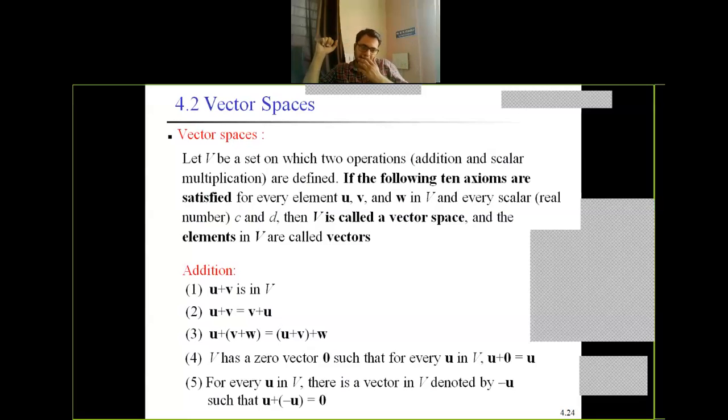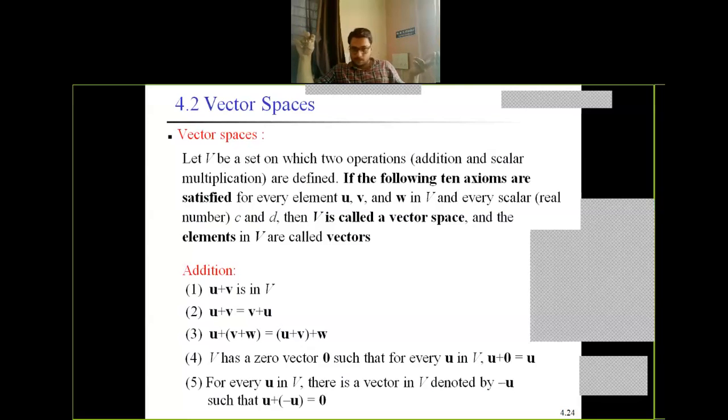Now please tell me, if I add u, or any element, with 0, 0 is obviously a real number also. So 0 is a real number, and let's say I have taken minus 3 plus 0.